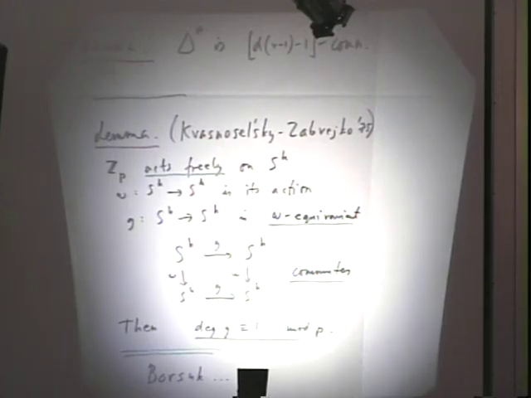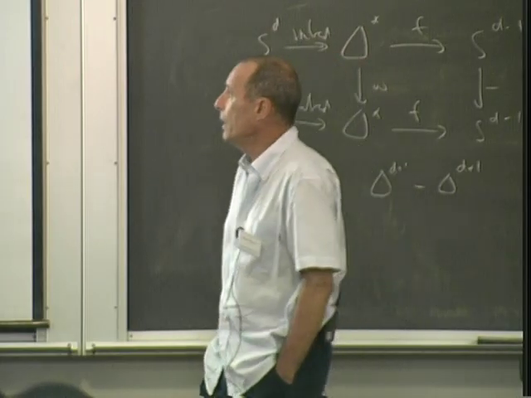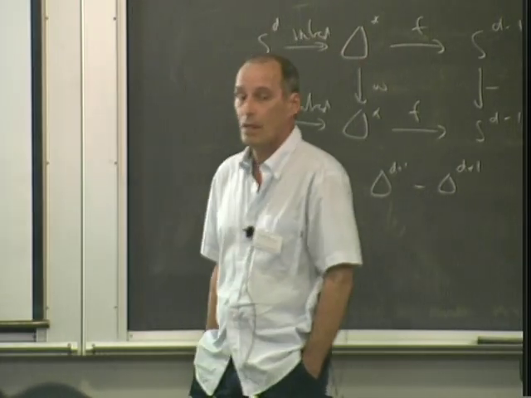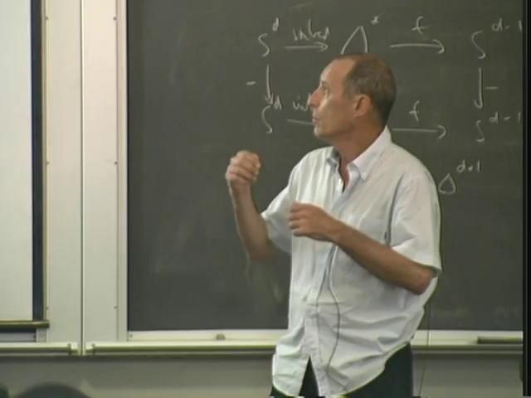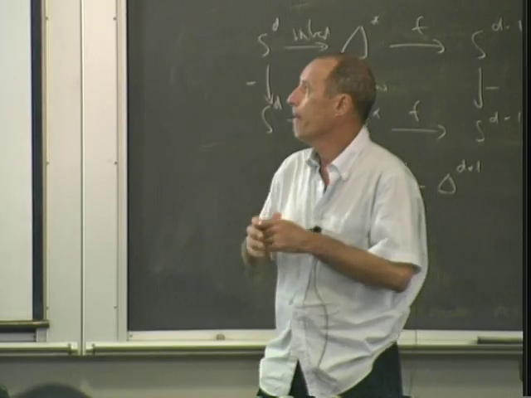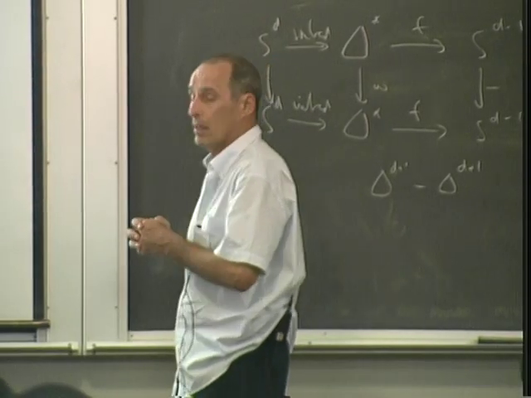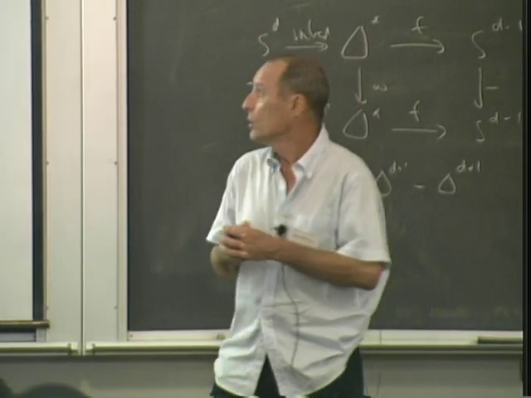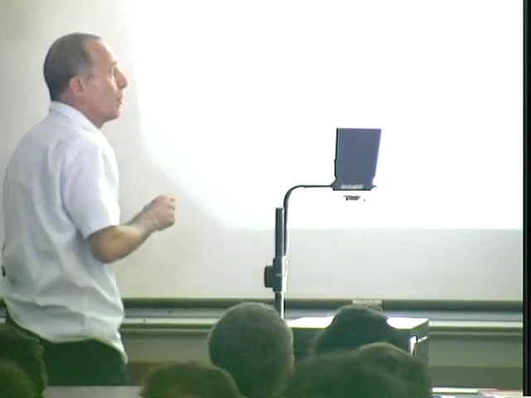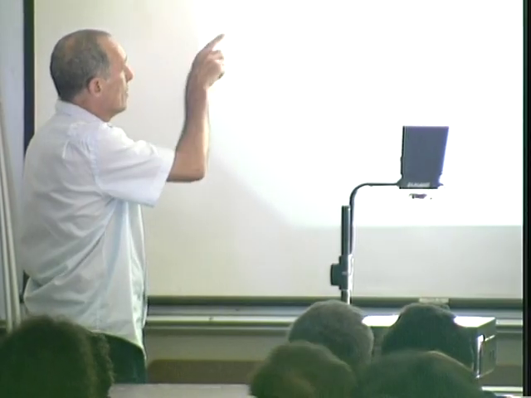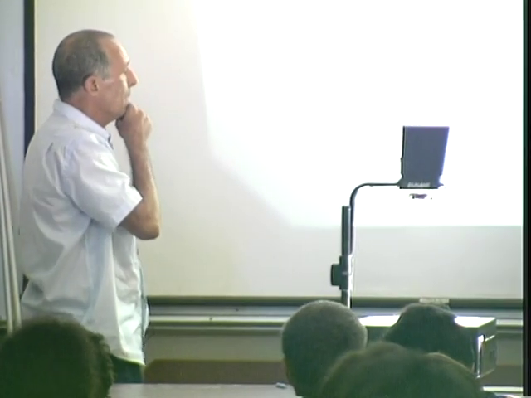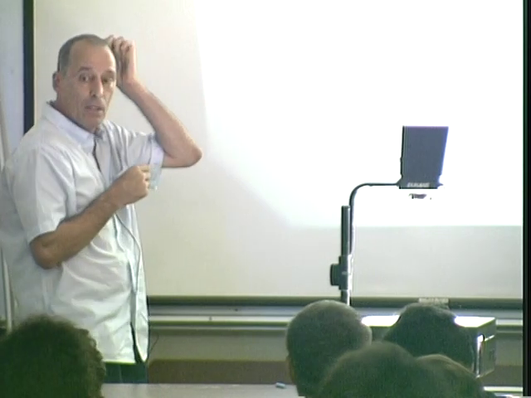And in the book, this is proved actually in more generality: if Z_p acts on S^k freely, p need not be a prime here, and omega is its action, and the mapping g is equivariant from S^k to S^k, which means simply that there is an omega action on S^k, and this diagram commutes. So g is an omega-equivariant map, and its degree is congruent to 1 mod p.